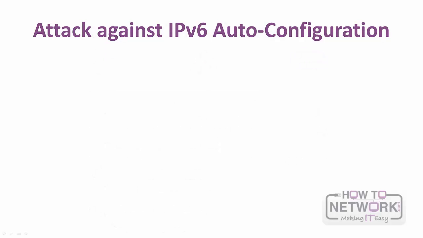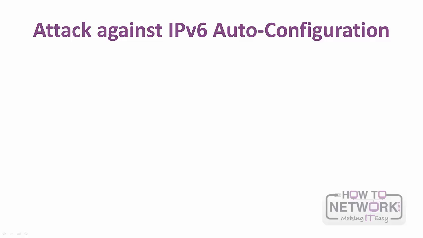IPv6 stateless address auto-configuration is a mechanism that enables an IPv6 endpoint to obtain an IPv6 address from the link it is coming to without requiring DHCPv6 address allocation. IPv6 address auto-configuration is stateless.